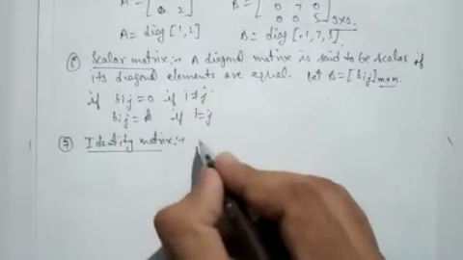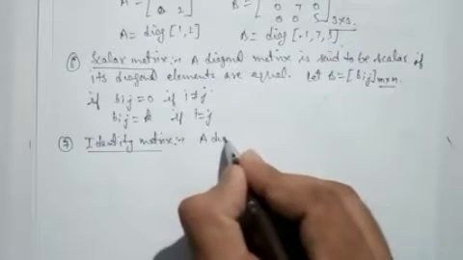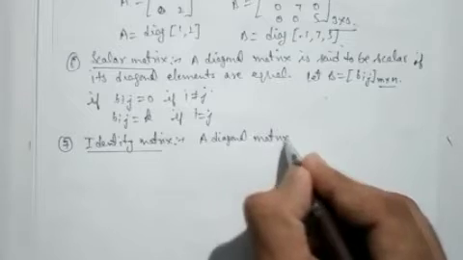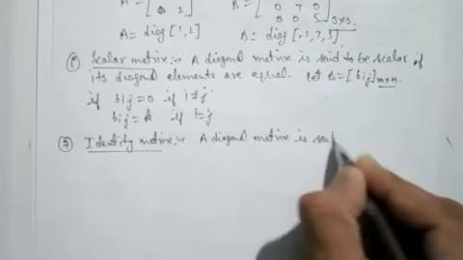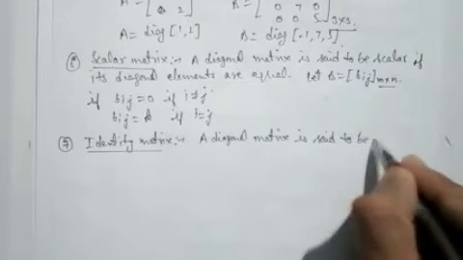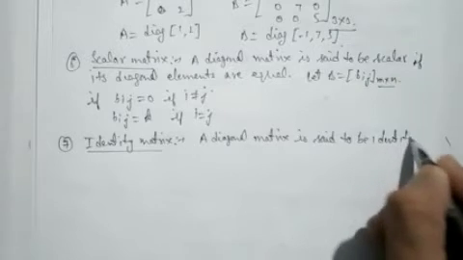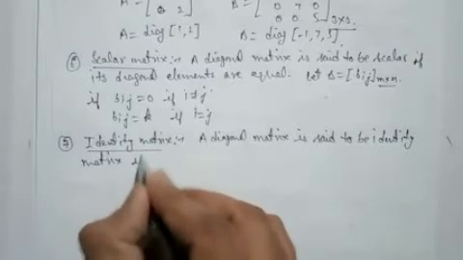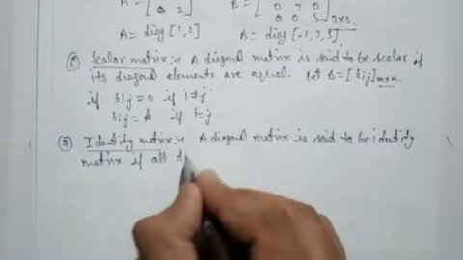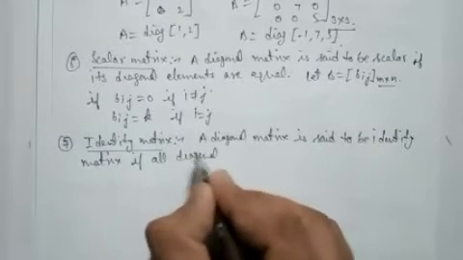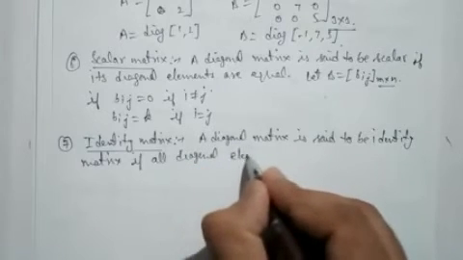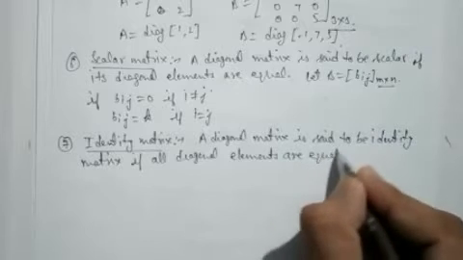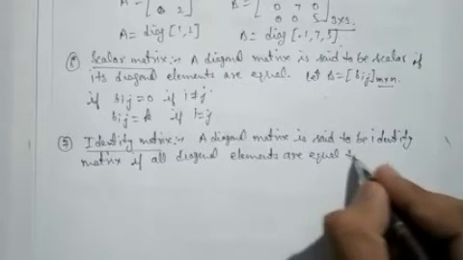Means a diagonal matrix is said to be identity matrix if all diagonal elements are equal to 1.